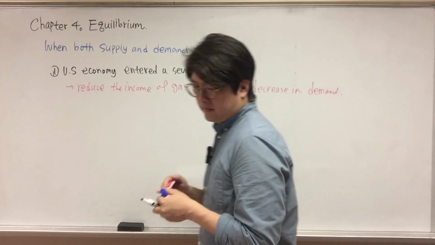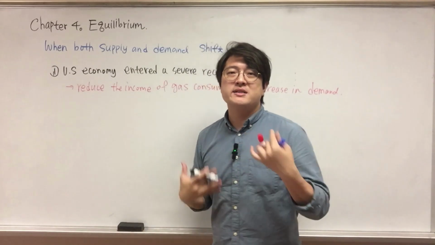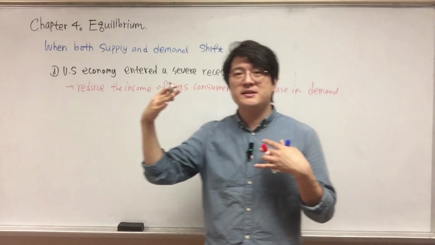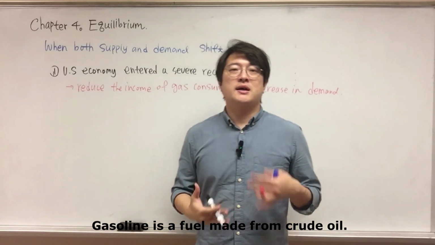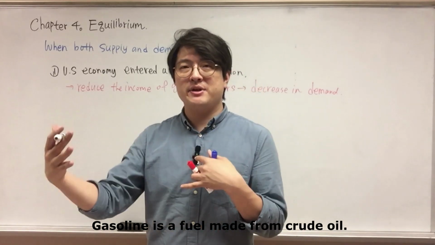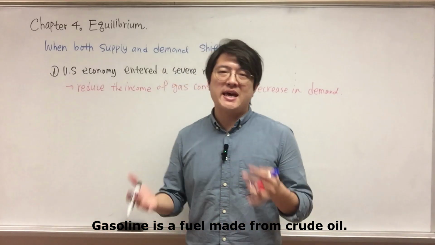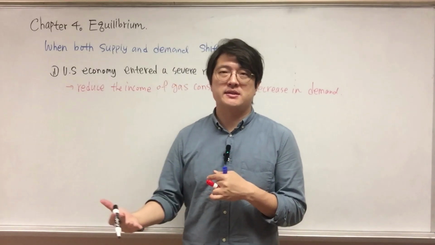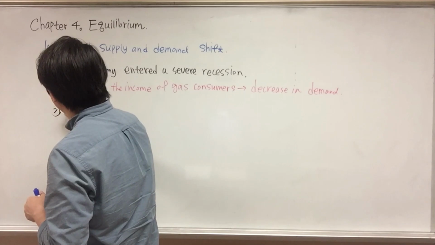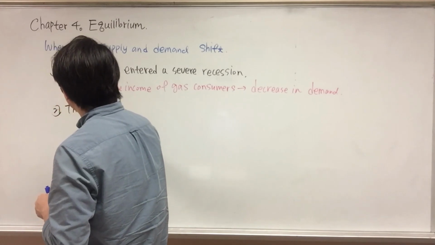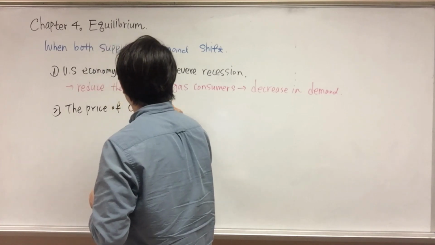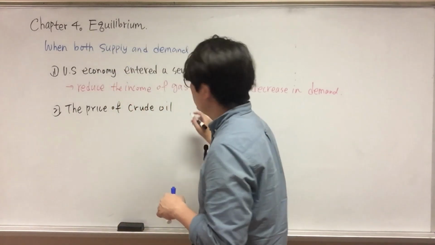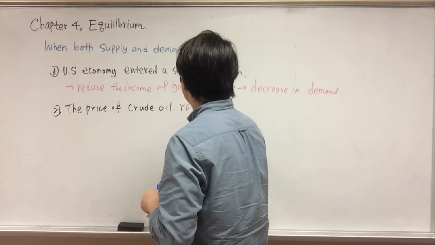Okay. So at the same time, if the price of the crude oil increases dramatically, and the cost that gasoline suppliers have to pay increases, so the supply of the gas decreases, right? So the price of crude oil rose sharply.